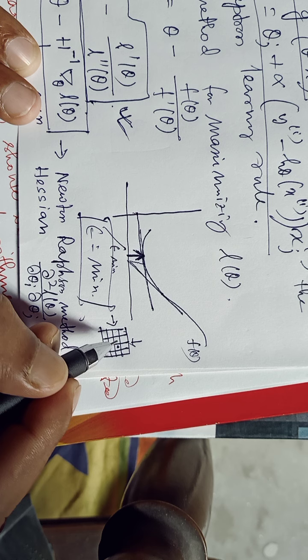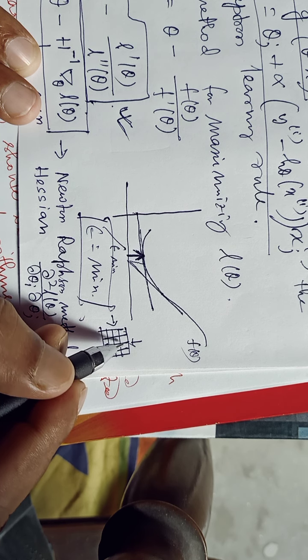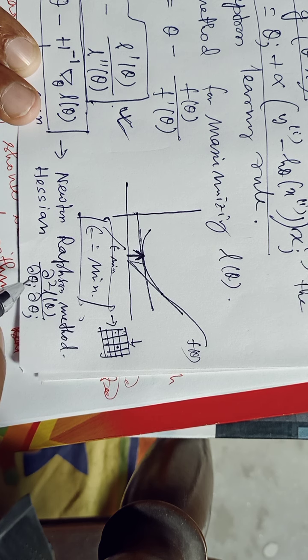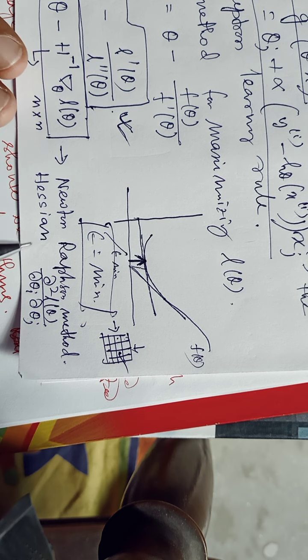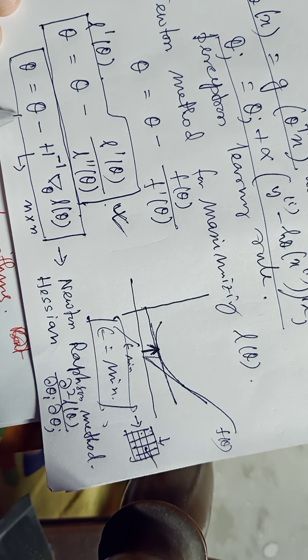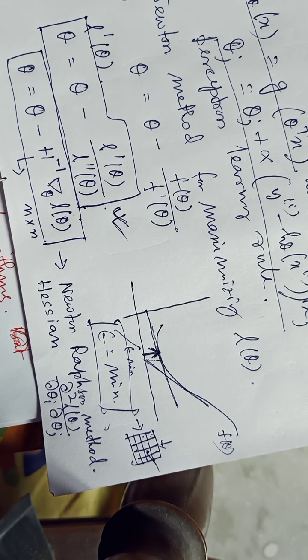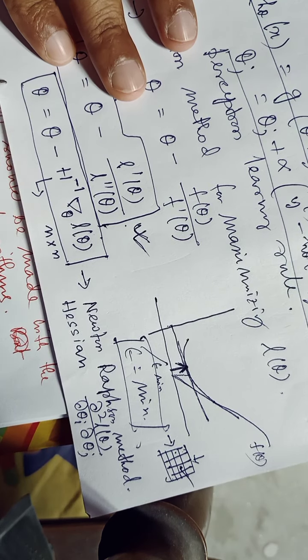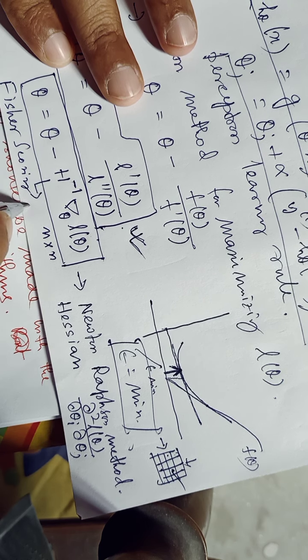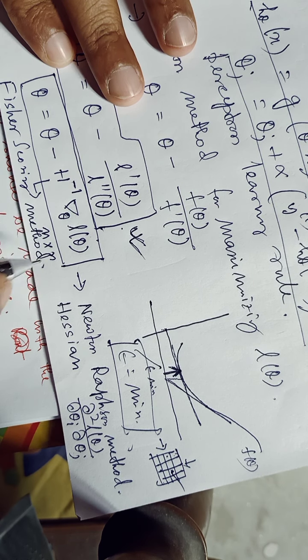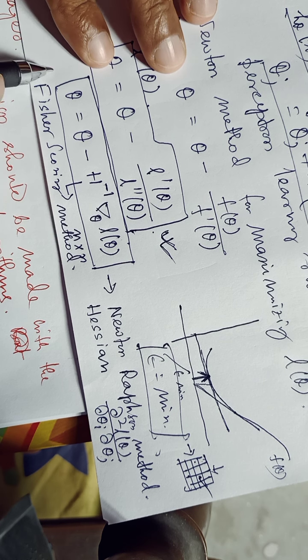For example, the second row, third column is d2 L theta by d theta 2 d theta 3. Okay, so this matrix is known as the Hessian, and the update is theta equals theta minus H inverse times this gradient. This method is also known as the Fisher scoring method.